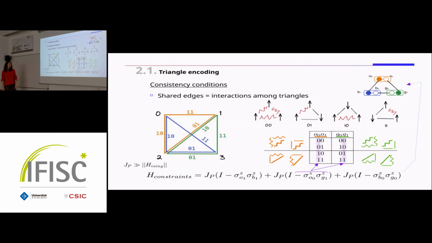That's essentially how we are going to impose our consistency conditions. We're going to review all these shared edges and impose the corresponding two-local penalty that enforces that consistency. So once you do this, then the full graph for this four-body clique will look something like this. These are the pairs of physical qubits that represent each of the differently colored triangular cells here. And what's in thicker lines here are the penalty ferromagnetic interactions.